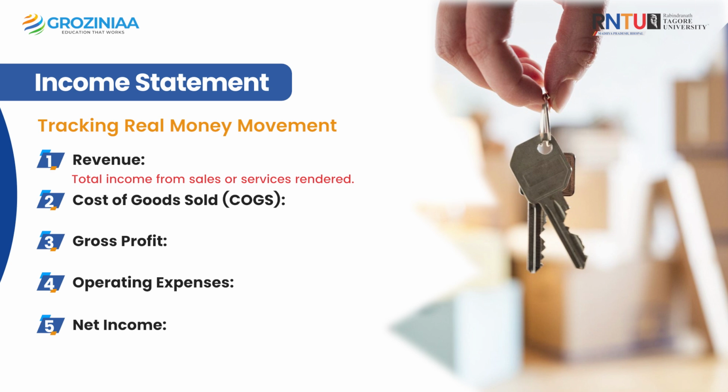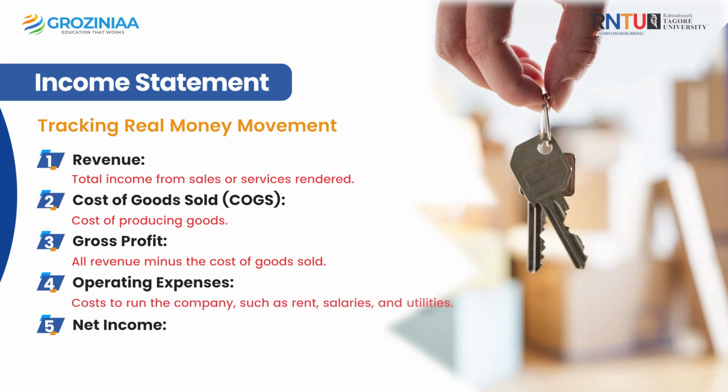You can see the cost of goods sold, that is COGS, the cost of producing goods. Third is the gross profit, all the revenue minus the cost of goods sold. Fourth is operating expenses, the cost to run the company, such as rent, salary, and utilities. Net income is the final profit after paying all the expenses and taxes.